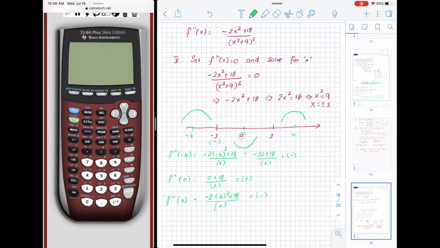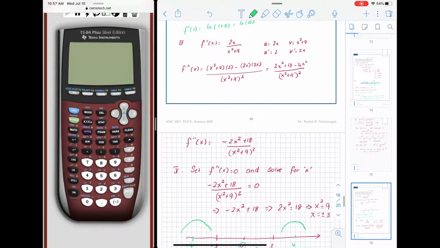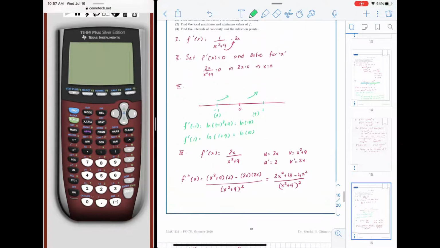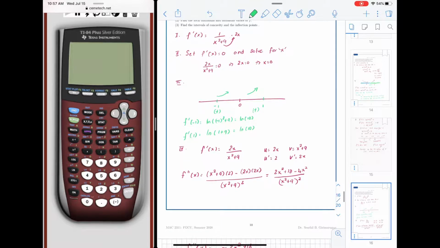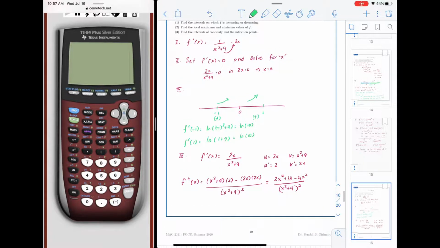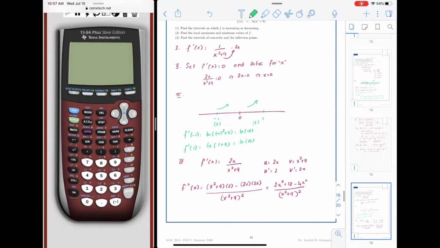So it seems like there has to be a minimum somewhere here, which our first derivative test didn't find. It pretty much gave us 0 when we plugged in 0.